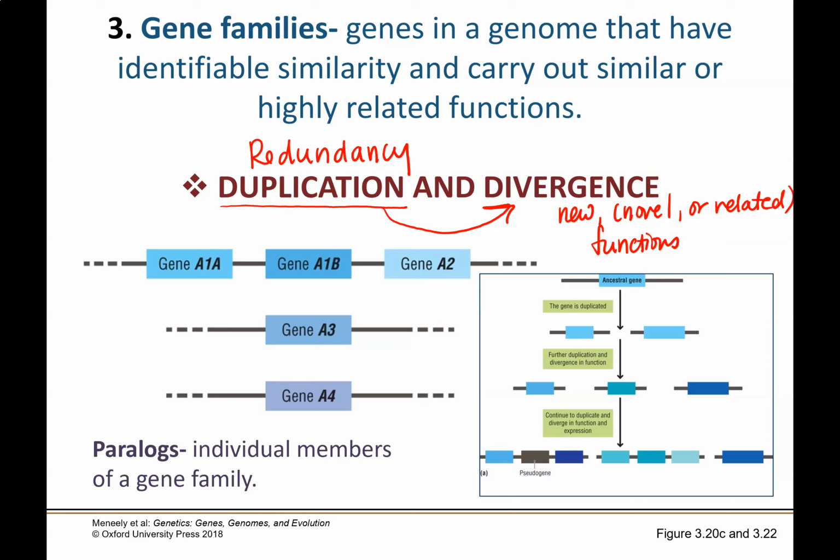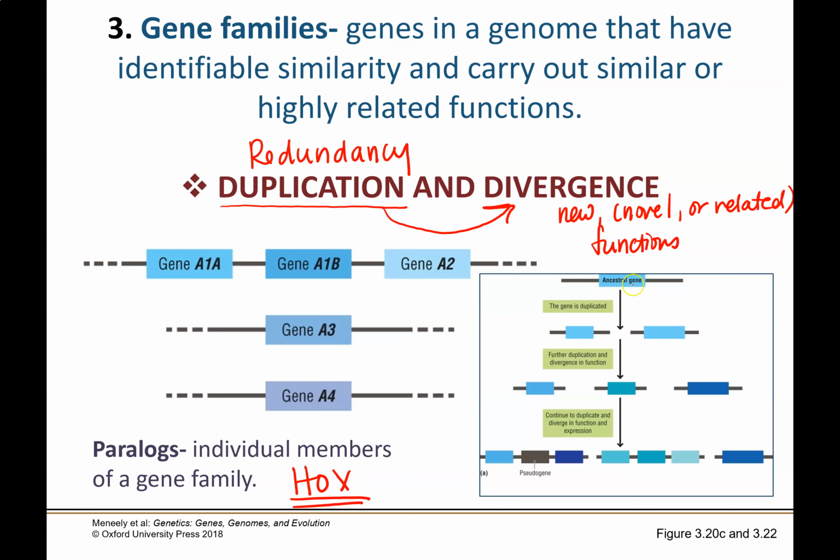And this is, if you go back to the Blackboard folder for Chapter 3, there is a book publisher video on something called Hox genes. So Hox genes are a set of developmental genes that can be traced for duplication and divergence and have been associated with a lot of different developmental stages within living organisms.